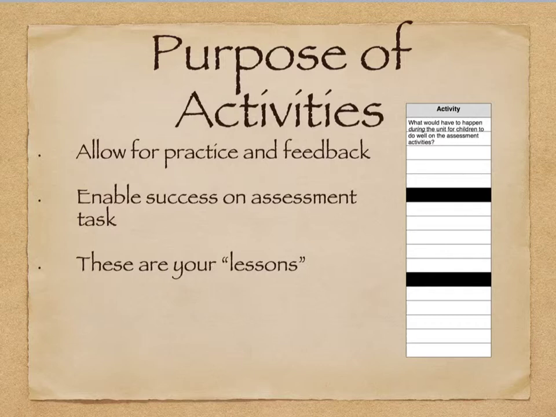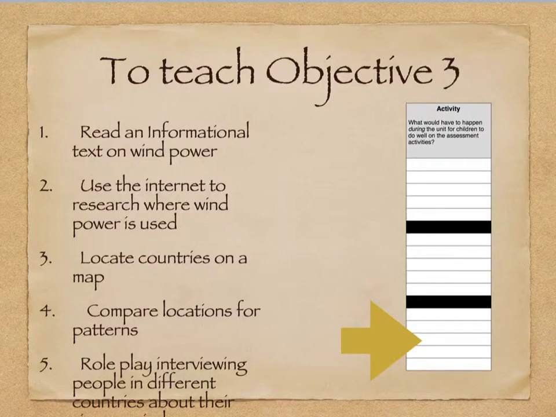Let me use my example. We had the objective. I told you about locating countries on the map, what would be the appropriate countries. Now, how am I going to get there? What am I going to need to teach? What lessons will I need to plan so that students can locate the countries that are using wind power in all of the continents? Well, the first thing I might do would be to read an informational text on wind power.